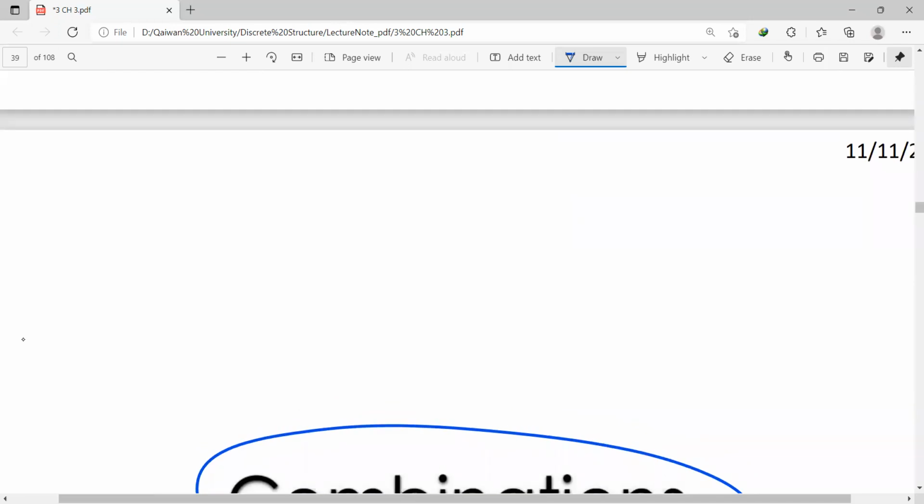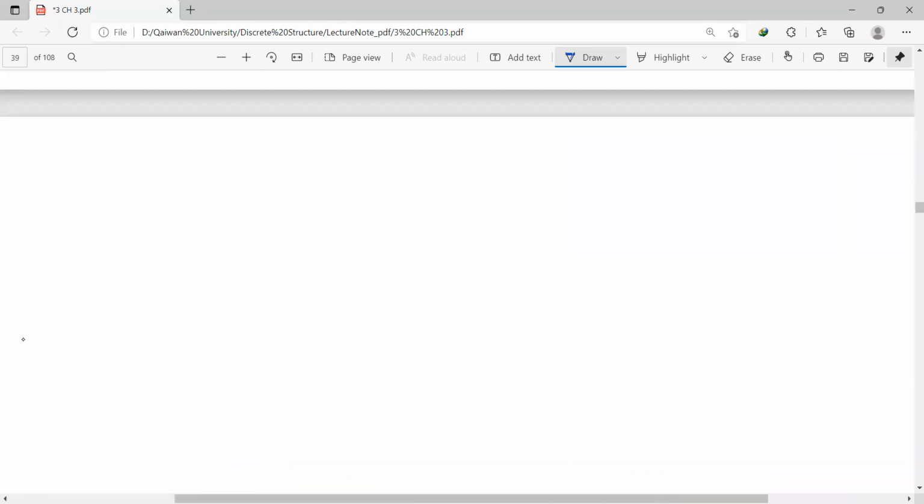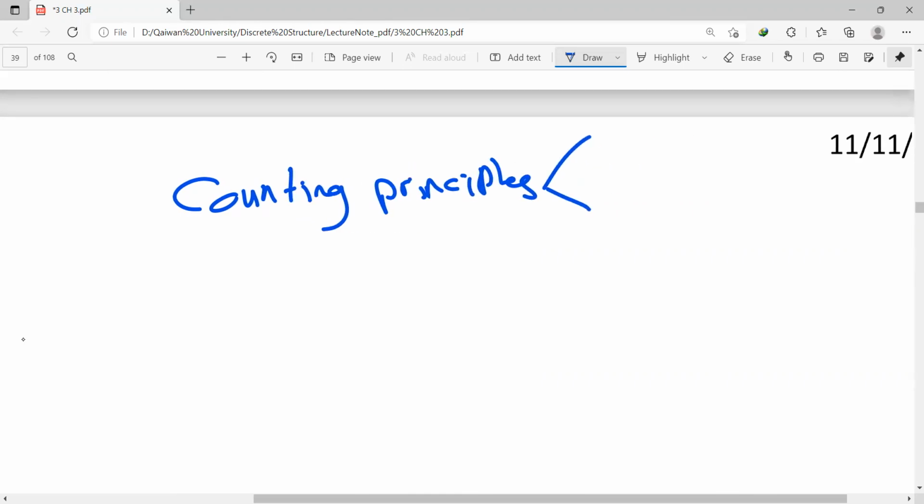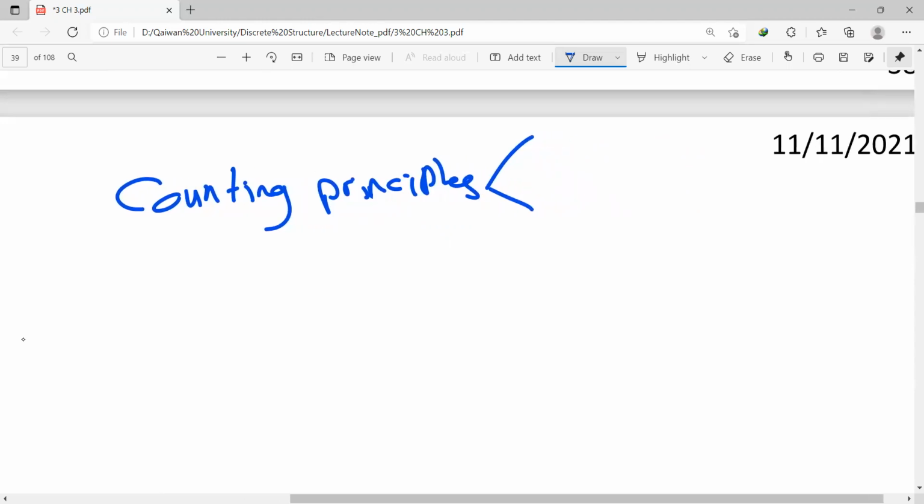We talked about counting principles. In counting principles, we have two ways: the addition principle and the multiplication principle.